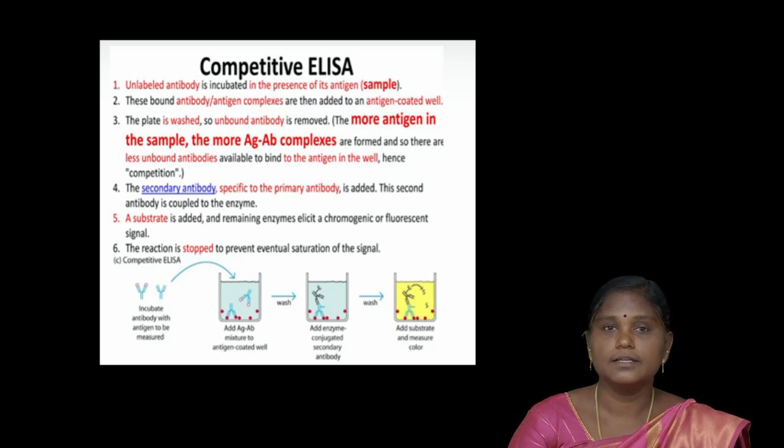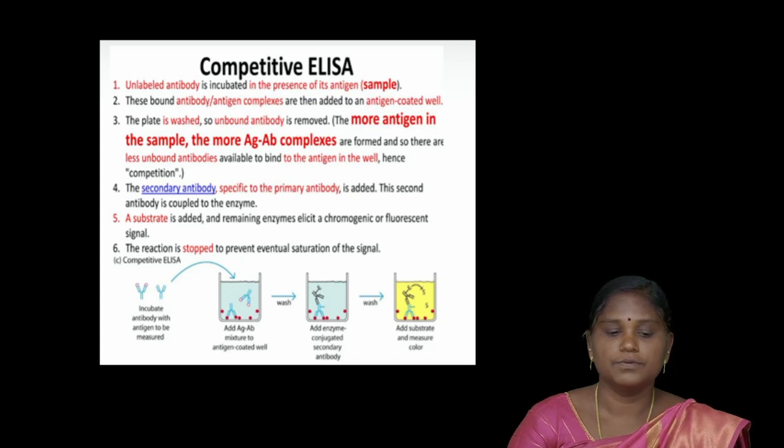Also the antigen antibody binding will happen. In this washing step, unbound antigen antibodies are removed, okay. Then the fourth step is the secondary antibody added specific to the primary antibody, right. The secondary antibody is coupled to the enzyme, right.